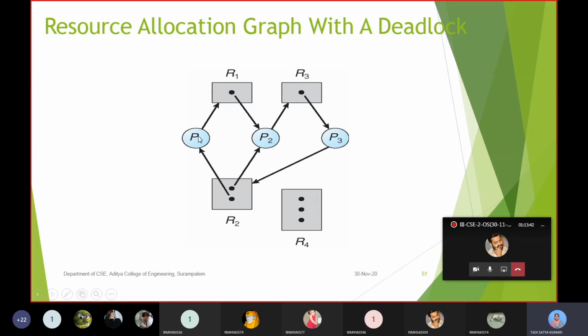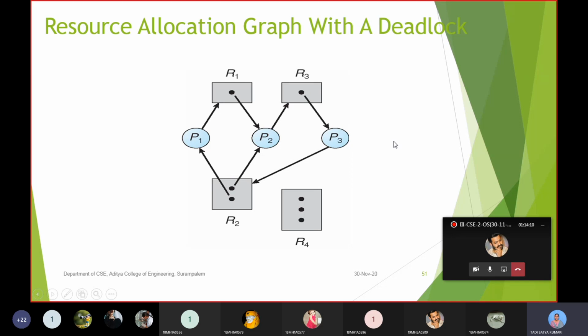So from P1 there is an edge to R1, next from R1 to P2, P2 to R3, R3 to P3 and P3 to R2 and again from R2 to P1. So the starting vertex and ending vertex both are P1. Then we say that there is a cycle in the graph.